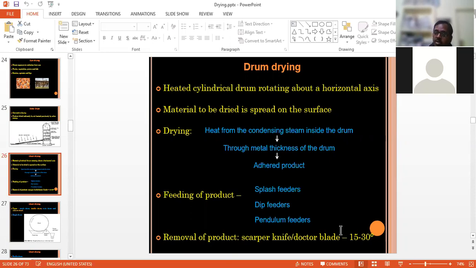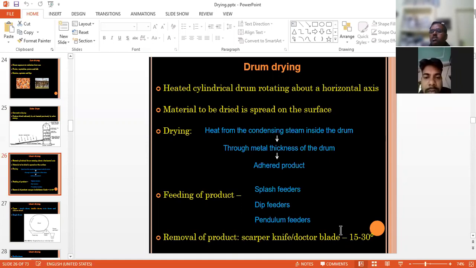We apply it on the surface of the drum, which is rotating, and within one third of the rotation they become dried and are continuously scraped by the stationary knife, or doctor's blade, situated in the opposite direction, and collected.